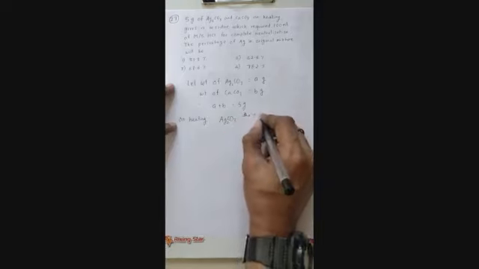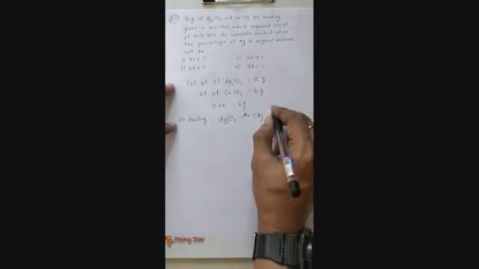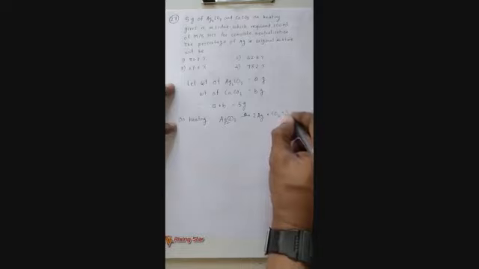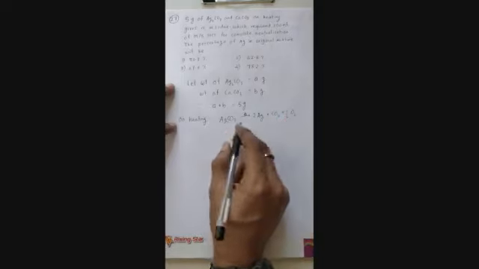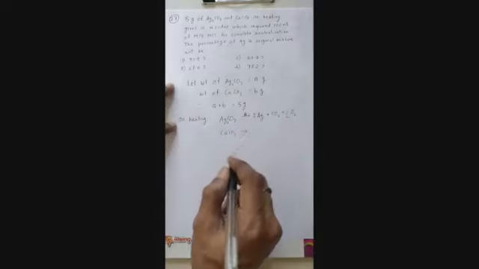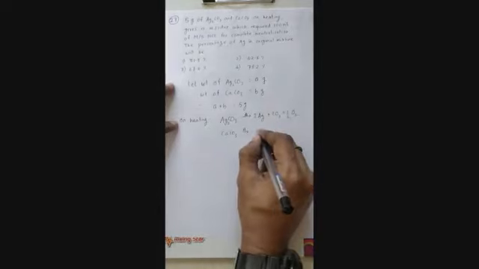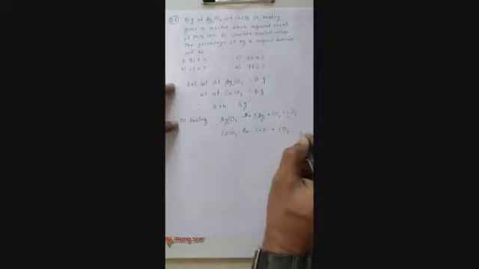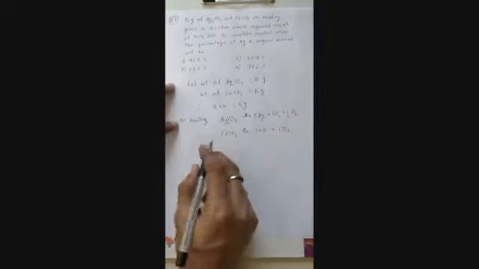It will decompose as 2Ag plus CO2 plus half O2. Whereas CaCO3 will decompose as CaO and CO2. Right? These are the reactions.